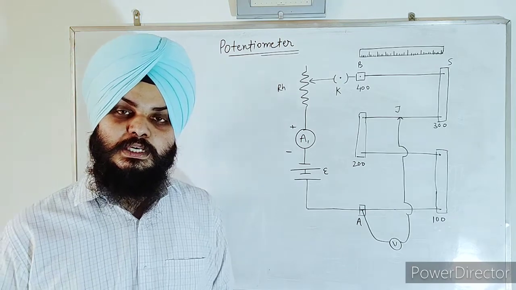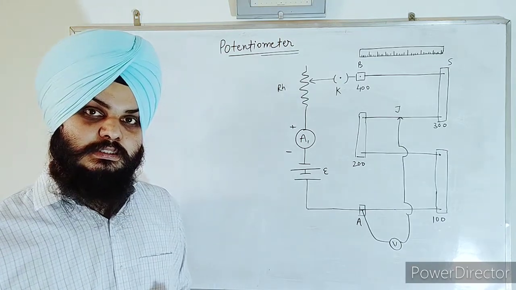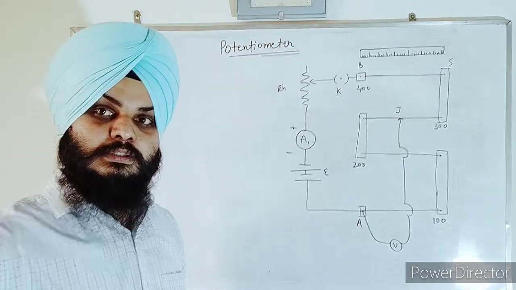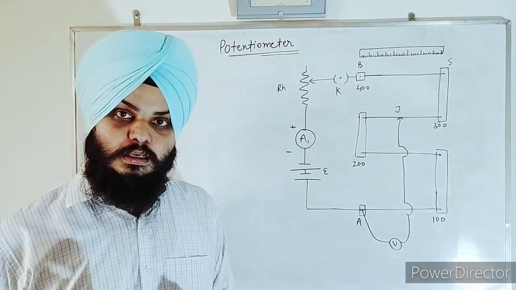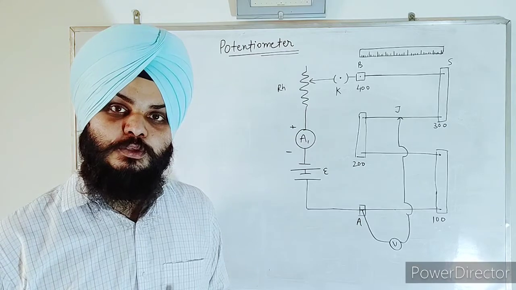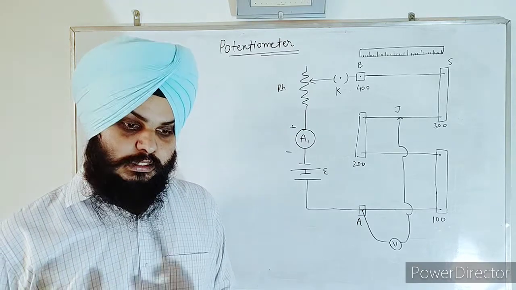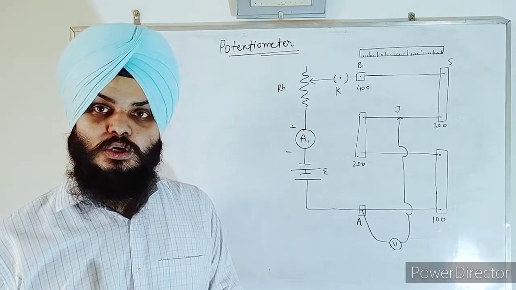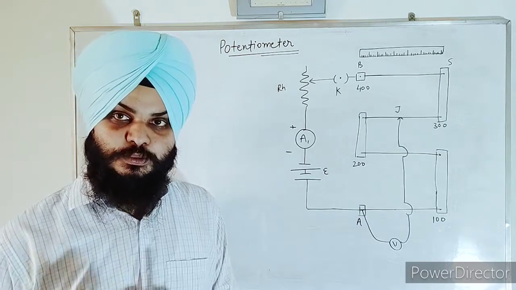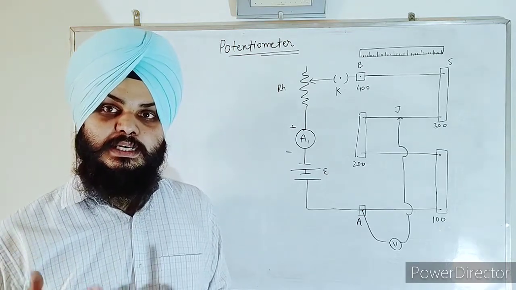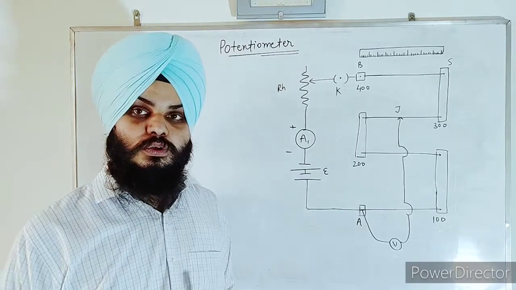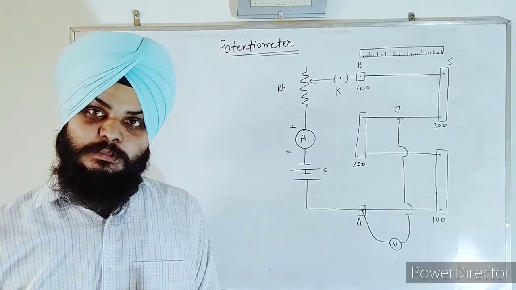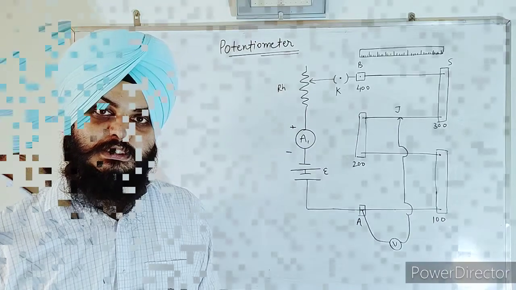Thus we can say the basic principle of potentiometer can be termed as: the resistance offered by the potentiometer wire is directly proportional to the length of the wire. So now let's see mathematically how we can derive this relation.